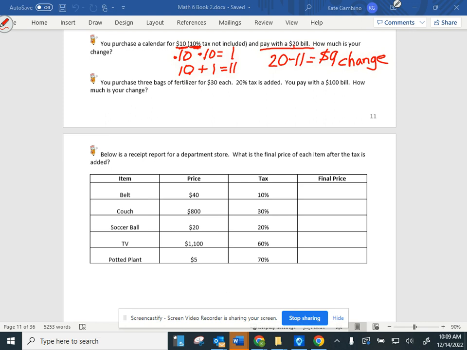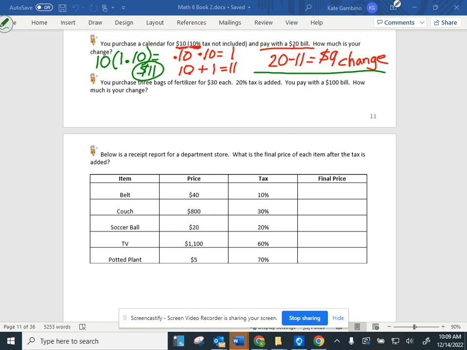We could have done the other method, times 1.10, and just gotten 11. Yep. Our other method has my original price of $10 times that 100% plus our tax of 10%, and 10 times 1.10 equals $11. I still have to finish off. So I would have to do 20 minus that total of $11.